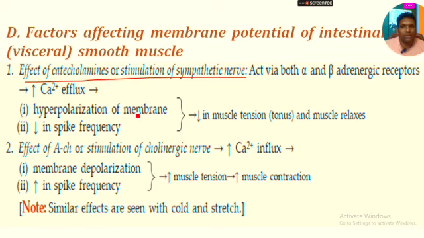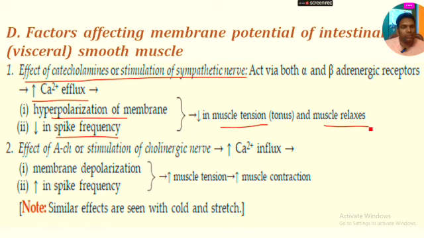Both these activities decrease muscle tension and the muscle relaxes. For relaxing the muscle, catecholamines or sympathetic stimulation is essential, which depends on calcium, acting via alpha and beta adrenergic receptors.